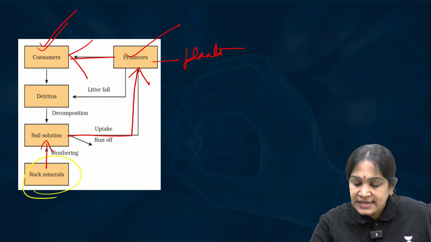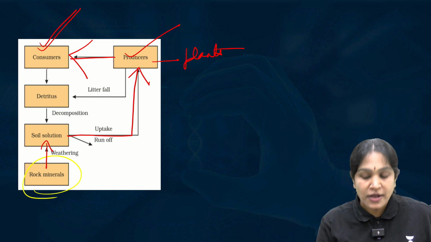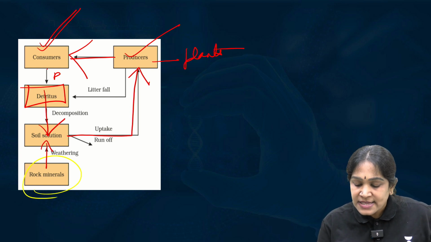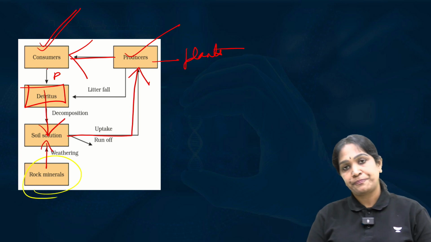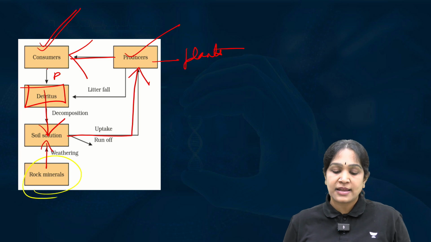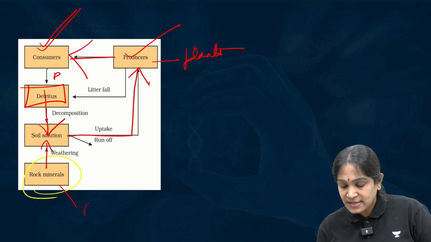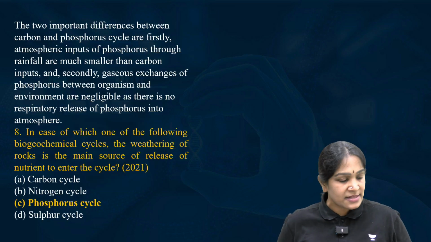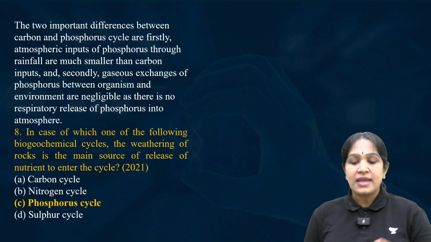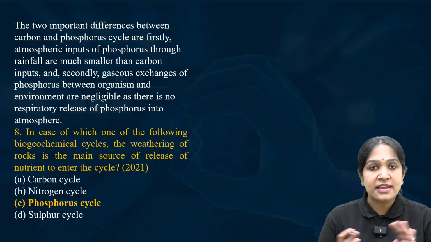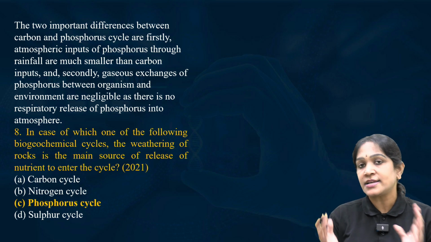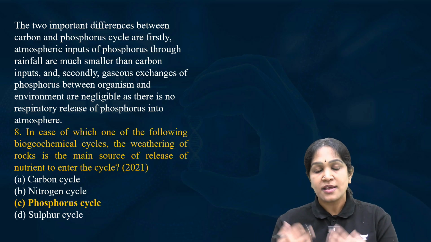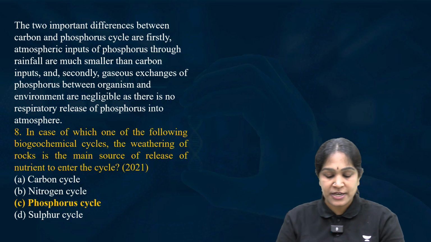From the plants and consumers, the phosphorus will go into the detritus. Through the detritus, it will reach the soil back. So this is a sedimentary cycle, a biogeochemical cycle. This is geo, this is bio, nutrient cycle, biogeochemical cycle, sedimentary cycle. And the differences between the carbon cycle and phosphorus cycle we already discussed, that is, phosphorus does not enter into the atmosphere. It is not a part of respiration. We are not releasing phosphorus in respiration.